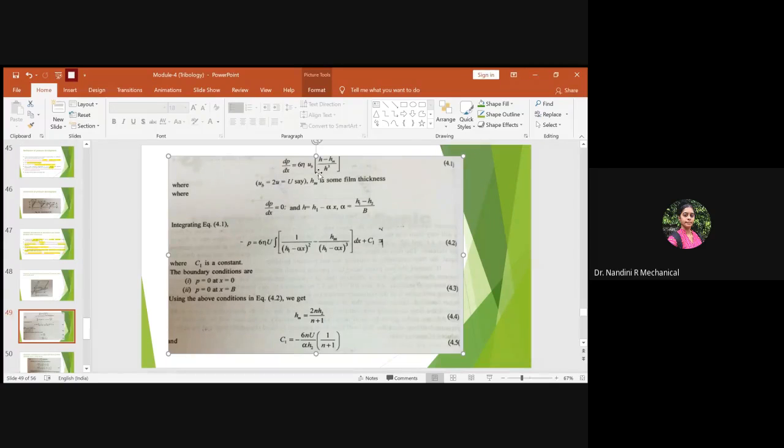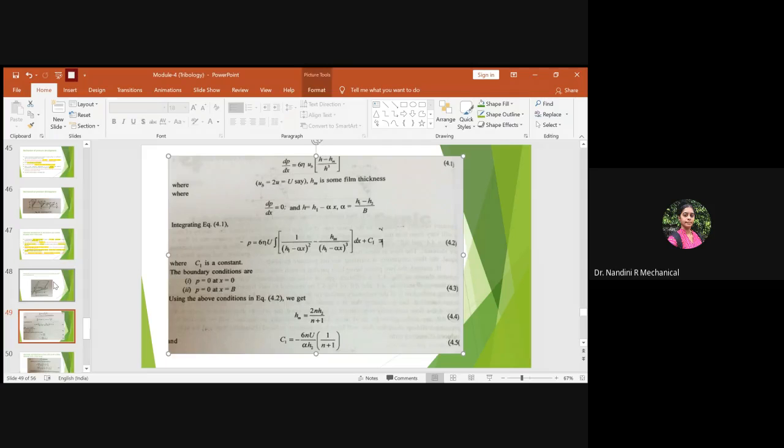So first you will take the Reynolds equation. Here the U term is related to the motion with which the upper surface is moving. Now the parameter in the Reynolds equation should be put forward in a way such that it matches the velocity with which the upper surface is moving.